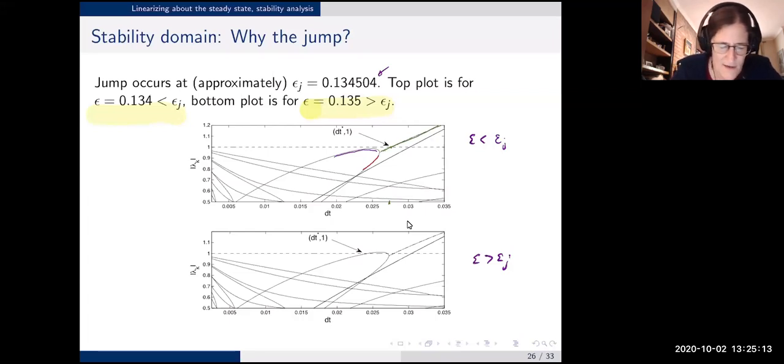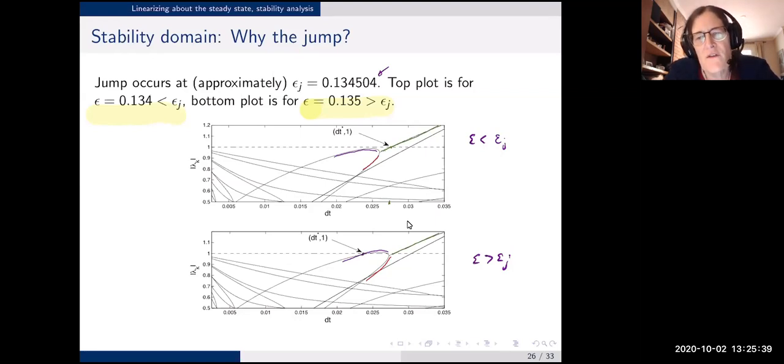I still have a real eigenvalue, and a real eigenvalue. And they join and become a pair of complex conjugate eigenvalues. But the instability is right here.